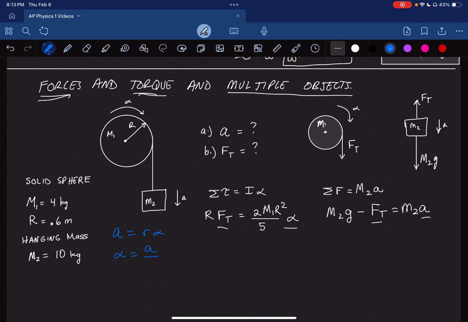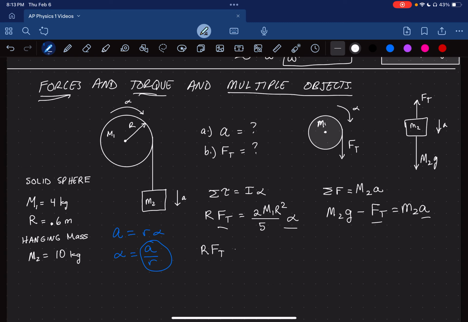This would be a over R. This is kind of the trick here. Let's do that again. So I want to substitute alpha instead. We didn't ask for alpha. So if we substitute this expression in here and get rid of alpha, that's okay because we never wanted to figure it out anyway. So what do I mean?